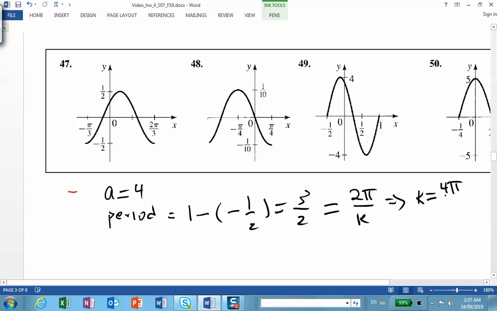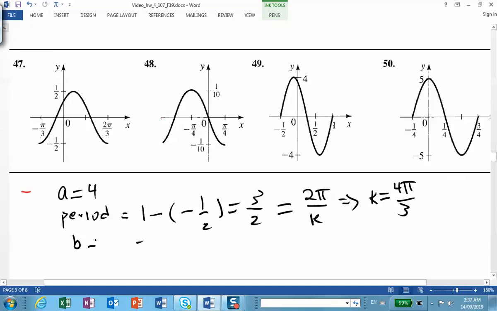Okay? And the phase shift is obviously, just look at that. The phase shift is this coordinate, minus 1/2. And the sign of the curve is exactly the way it's supposed to be. It's not inverted or anything like that. So y is equal to 4 sine of, let me clean this up.